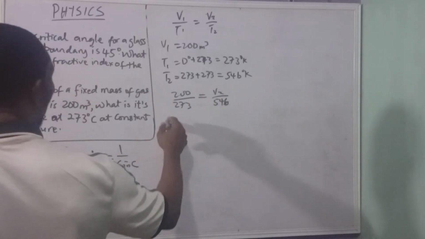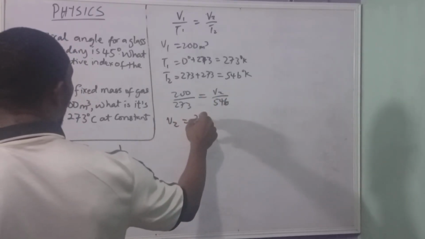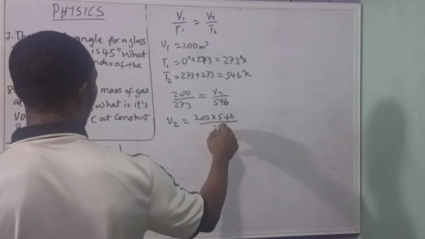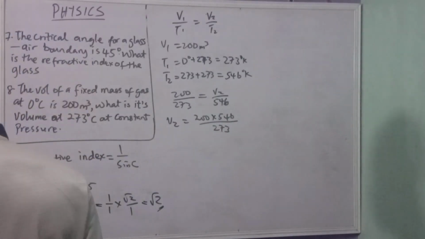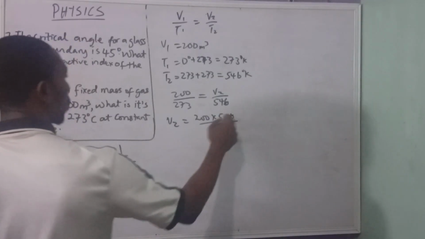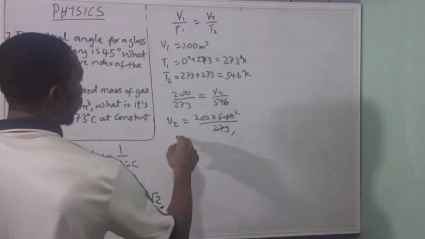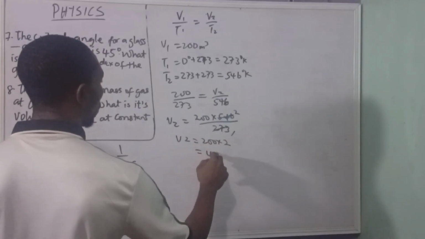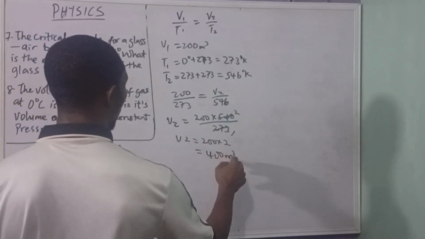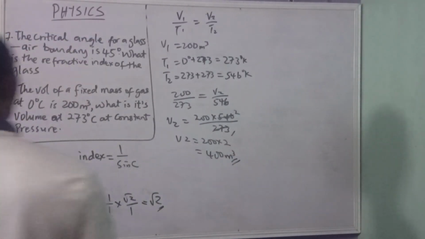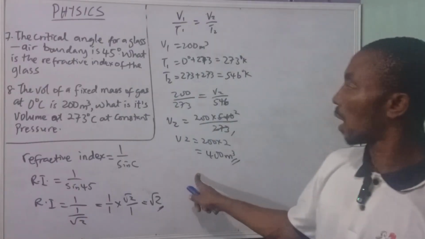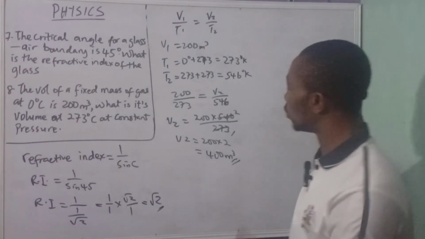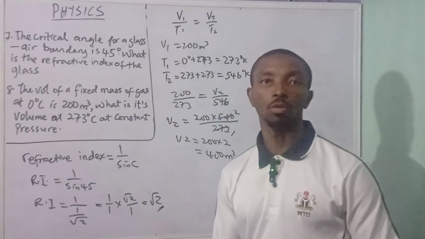Cross multiplying, V2 equals 200 times 546 over 273. 273 goes into 546 twice, so V2 equals 200 times 2, which gives us 400 meters cube. So the volume at 273 degrees Celsius would be 400 meters cube.